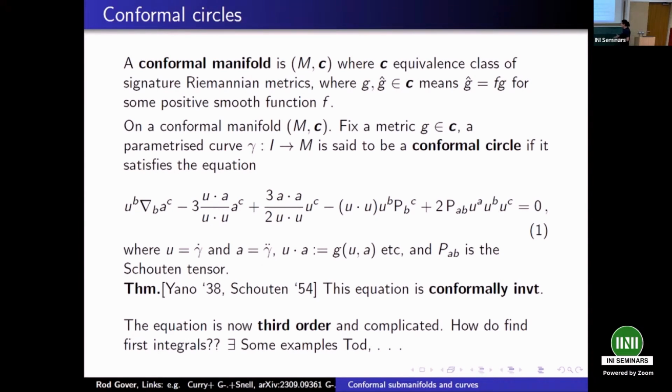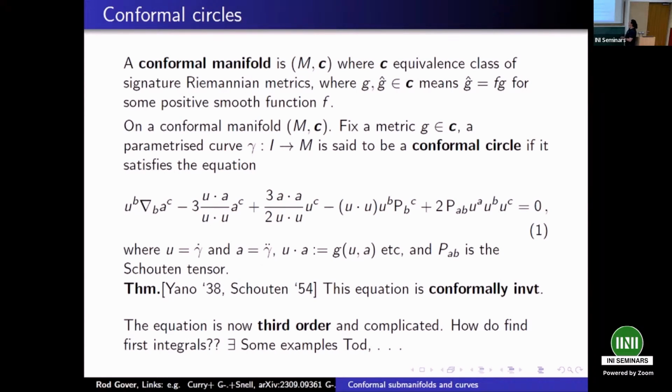So when you only have an equivalence class of metrics, of course, the geodesic equation is not conformally invariant unless it's a null geodesic. If we restrict to Riemannian signature, then the geodesic equation is just not conformally invariant. So what are replacement distinguished curves? Well, the lowest order analog of a geodesic are these things called conformal circles.